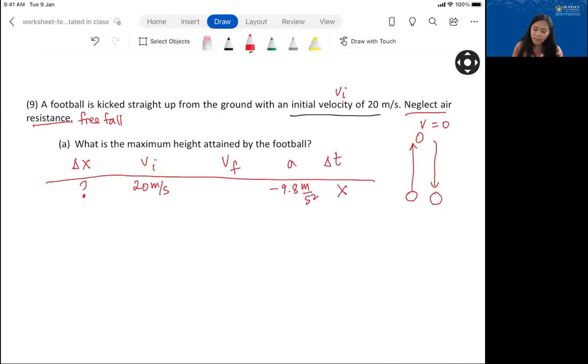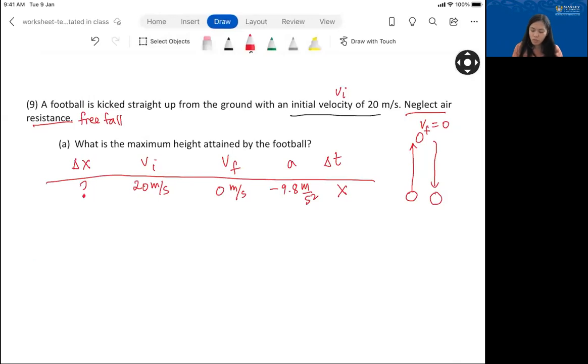By dividing the free fall scenario into two parts, the ball going up as the first part and the ball going down as the second part, we can say that in the first part of the ball's motion going up, the final velocity is 0 at the peak, or the top of its motion.